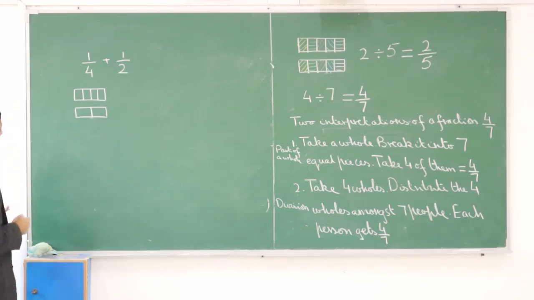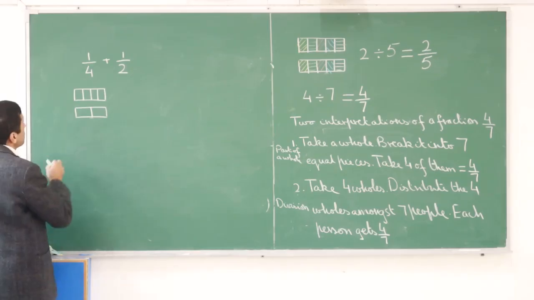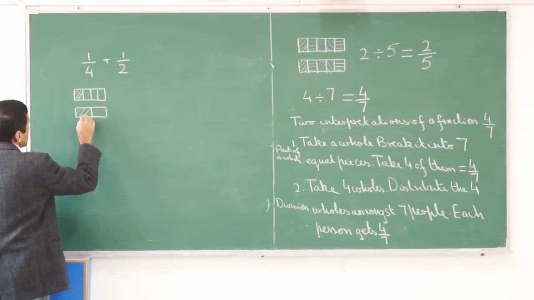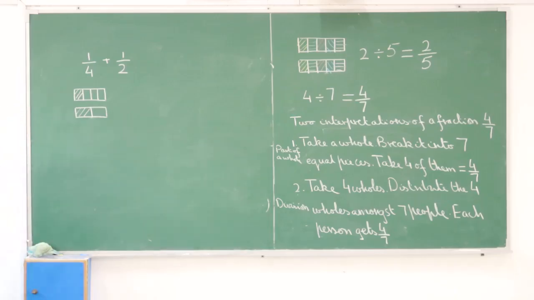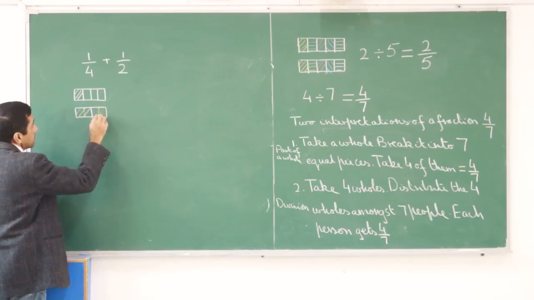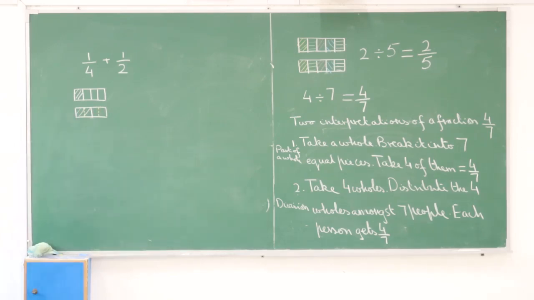So now I'm kind of stuck because I have to worry about a fourth plus a half, and it looks kind of stressful until we realize that I can break this up into 4 equal pieces, right?